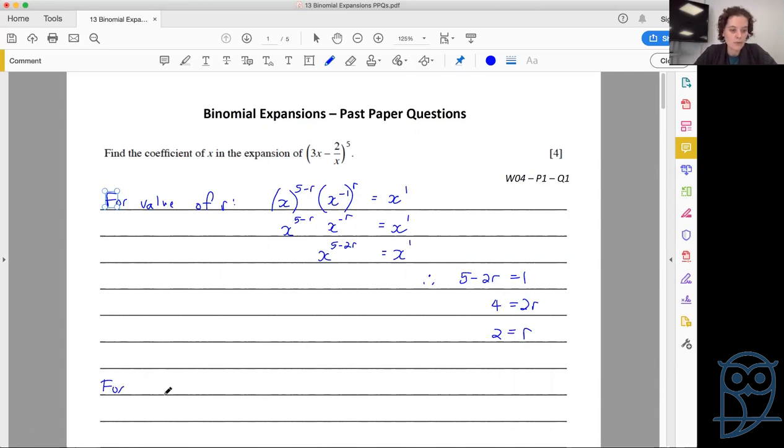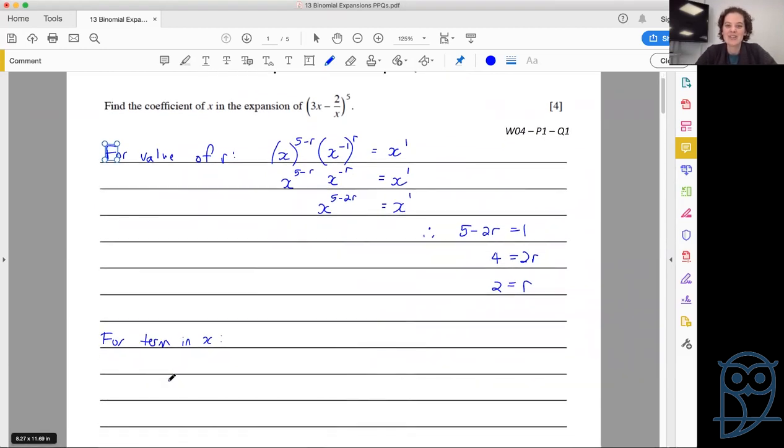So for the term in x, remember your magic formula. You should get to a point where you can do it out of your head. So we would have nCr, so 5C2, a position, 3x to the power n minus r, so to the power 3. B position with its sign, minus 2 over x to the power r.